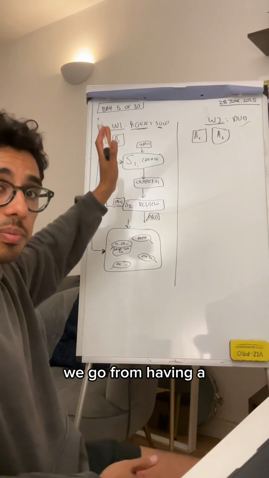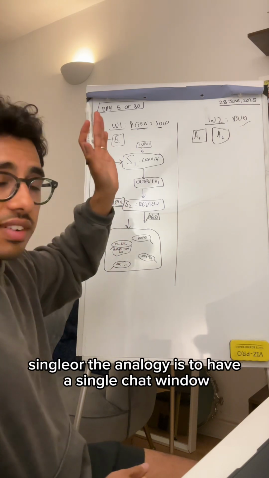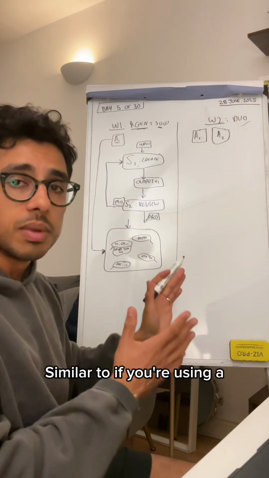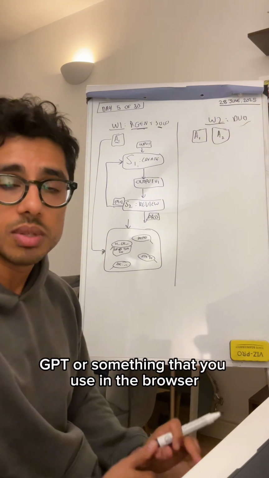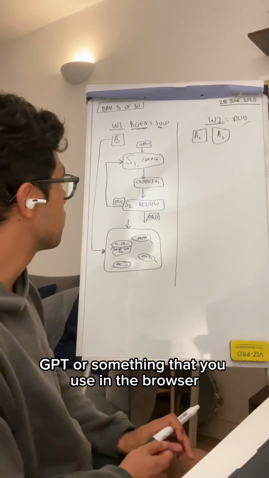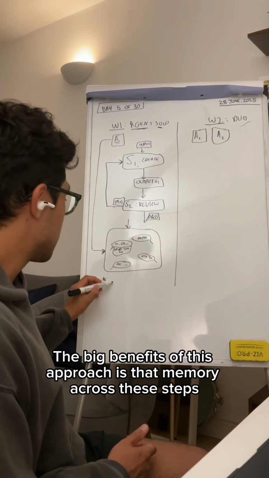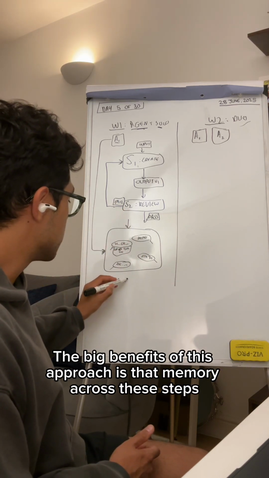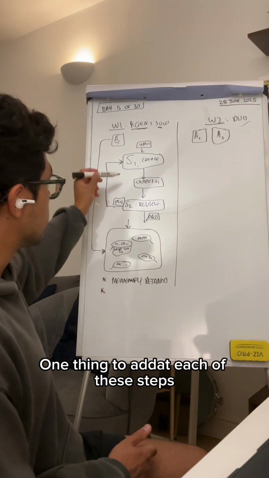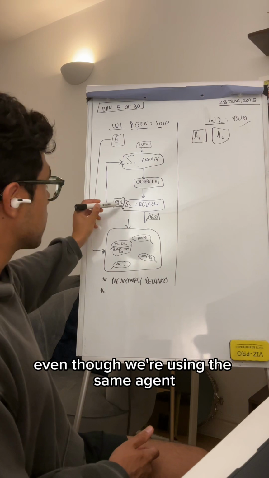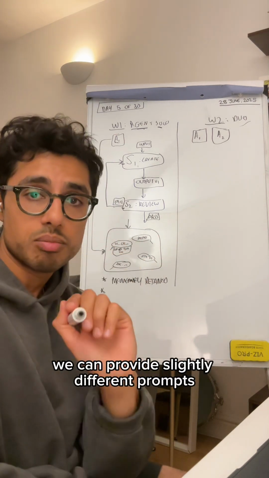The analogy is having a single chat window, similar to if you're using a normal model like ChatGPT or something that you use in the browser. The big benefit of this approach is that memory across these steps is retained. One thing to add, at each of these steps, even though we're using the same agent, we can provide slightly different prompts.